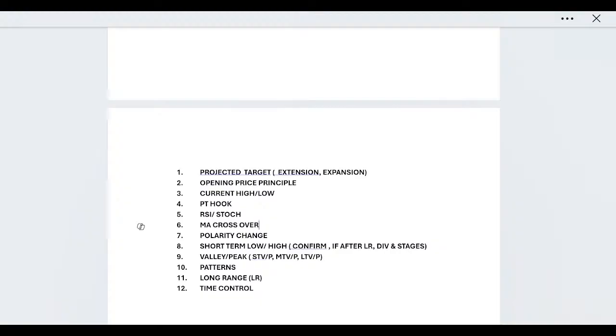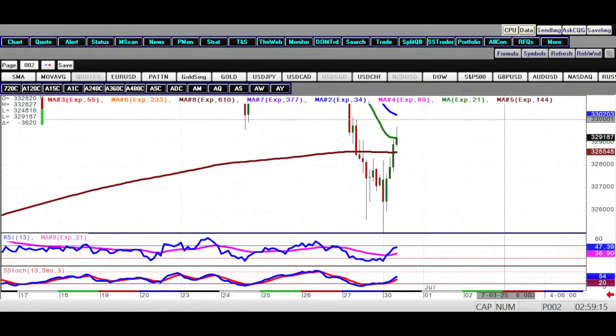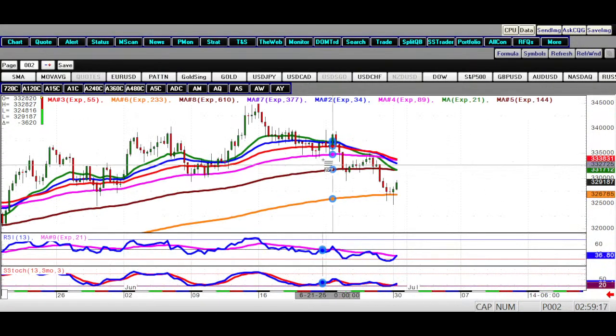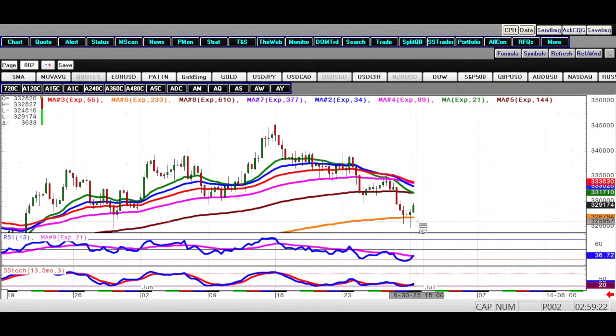What a PT hook does is that it is the most you can give before the market moves into trending mode. What do I mean by that? Like right now, this market is down all the way.